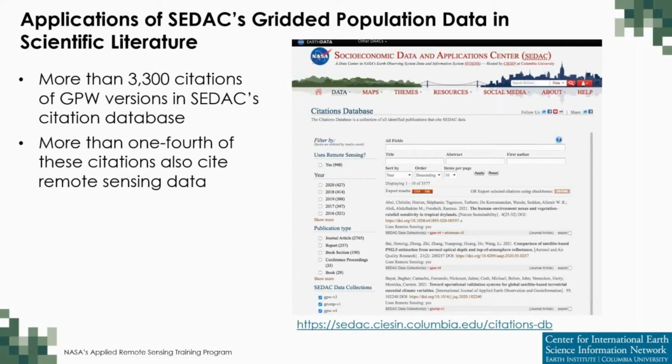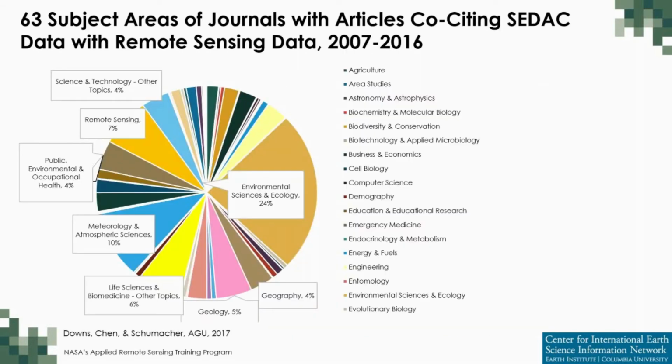So, and we also track whether these data are used in the same paper with remote sensing data, often from NASA satellites, but also other satellites. And about a fourth of those papers that cite GPW also use remote sensing data. And we have done on various occasions analyses of these citations. This is from a few years ago. And this pie chart actually reflects not just GPW, but all the data cited in our database.